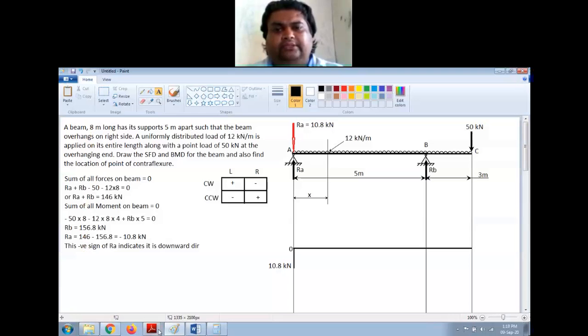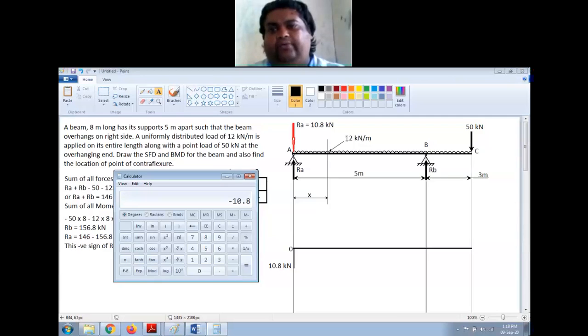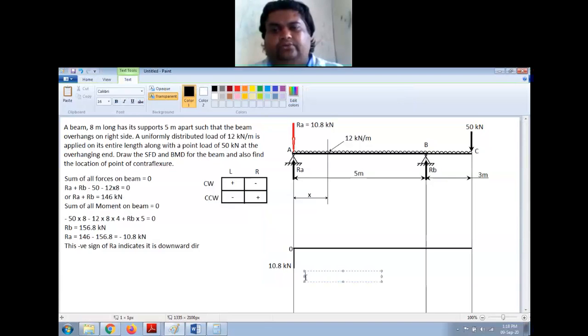In the calculator, first type minus 10.8. I am at minus 10.8. Now from this I have to again subtract this much shear force, 12 into 5 kilonewton. So minus 12 into 5, this will be minus 70.8 kilonewton.